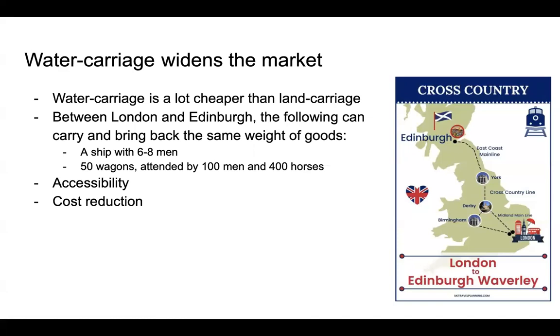You see, the cost of labor is so much greater in the latter, or so much less in the former. So water carriage provides accessibility to markets that were inaccessible before, and also reduces the cost of transportation, thereby widening the market.